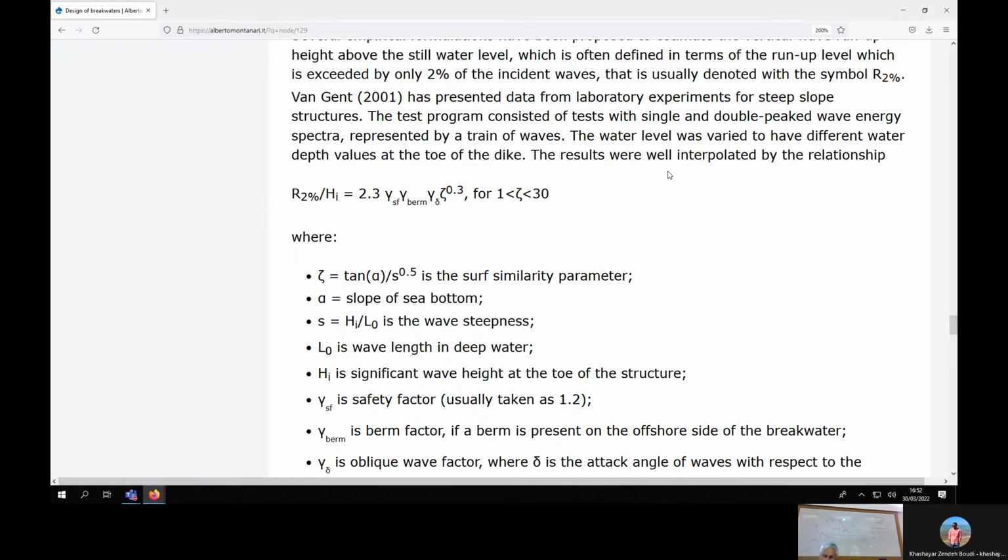And it is important especially if the top of the breakwater is accessible by people. For instance, you may have a sidewalk on the top. Keep in mind that sometimes breakwaters are also used as berths. So in some situations we may have a sidewalk above there.